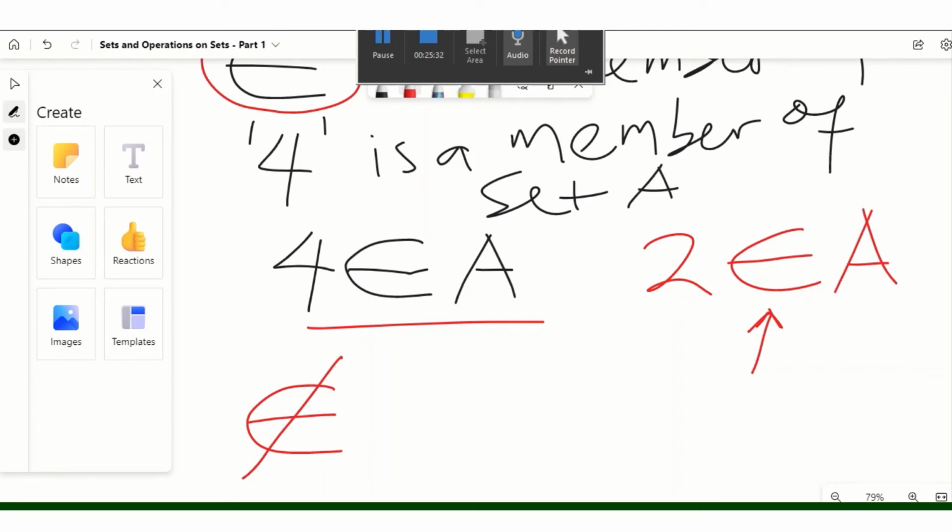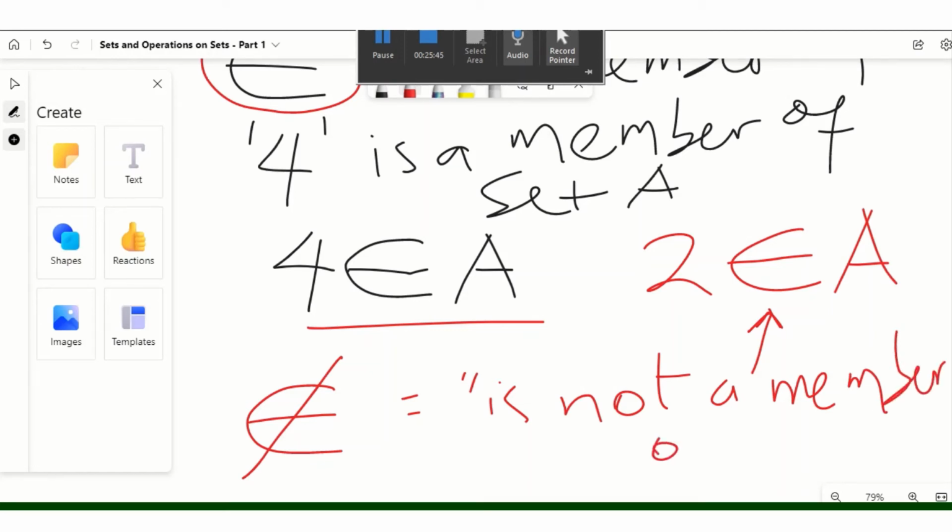It means it is not a member of. Okay, so that's what it means.